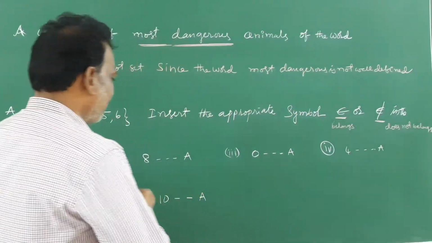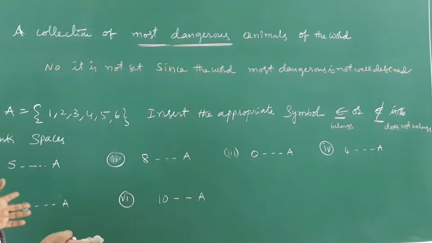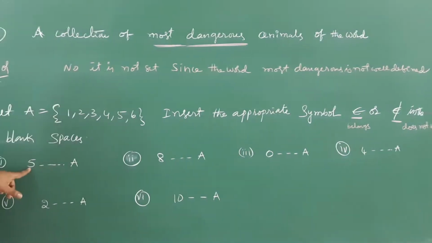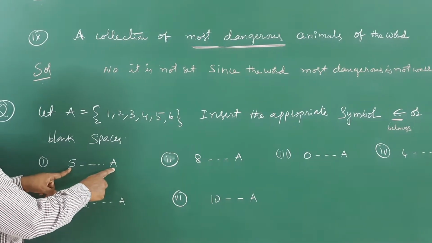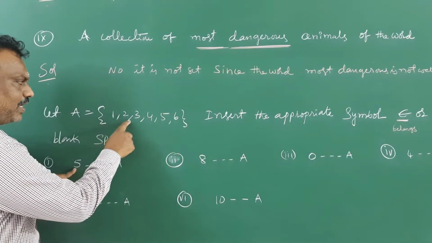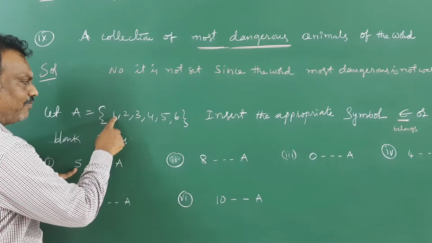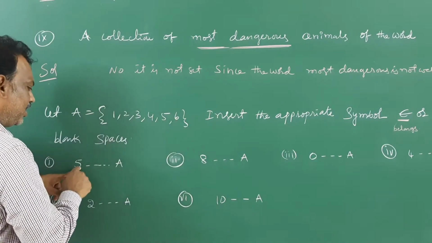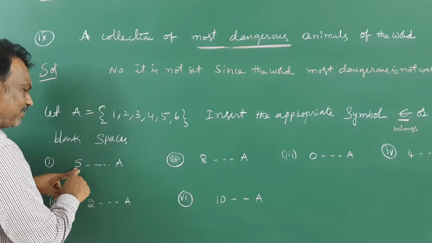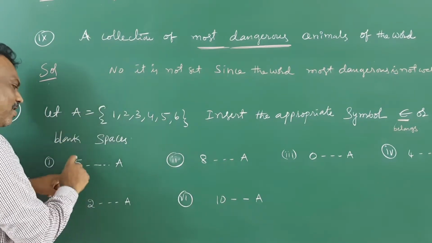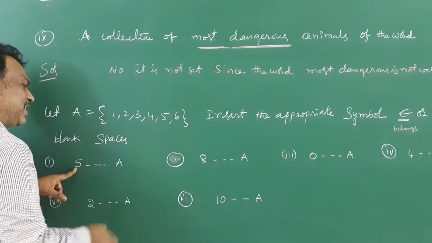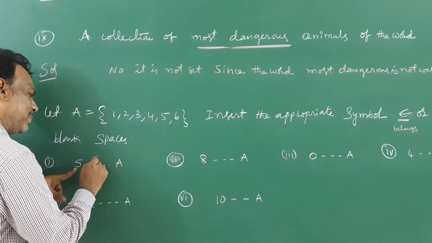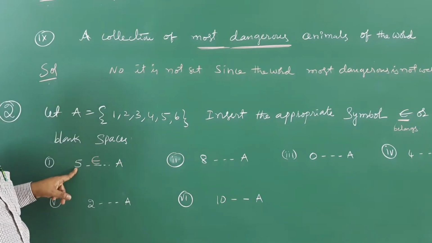So they have given some blanks, you have to check it. So here given 5. 5 is an element in set A. See here given set A. In set A you can observe we have 1, 2, 3, 4, 5, 6. These elements are there. So this 5 is also here. That's why 5 is present in this set. When the element is present in that set, we use the symbol belongs to.